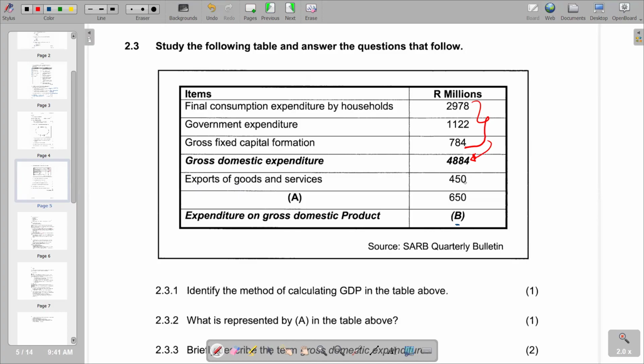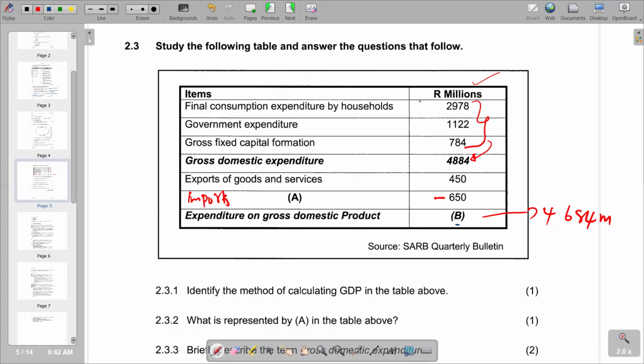And then you add your exports of goods and services, and obviously you subtract your imports here. Remember, here we said this is a representation of imports of goods and services. So if you add 4,684, 4,000, and obviously this is going to be million, it is represented here in millions.